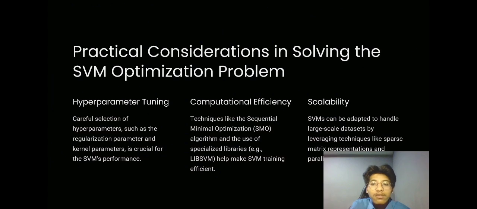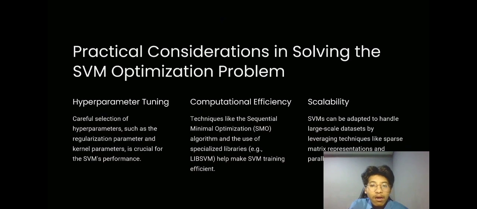Practical considerations in solving the SVM optimization problem. Hyperparameter tuning. Careful selection of hyperparameters such as the regularization parameter and kernel parameters is crucial for SVM performance.